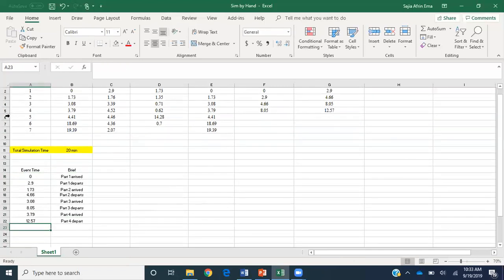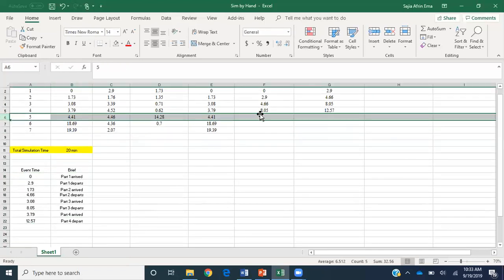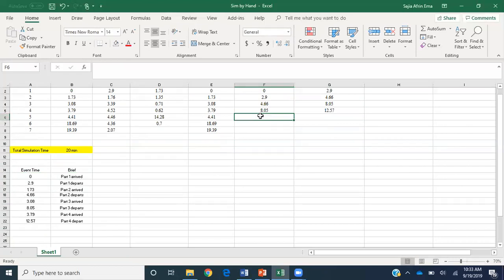Next, part 5 arrives at 4.41 minutes, and then it will join the service at 12.57 minutes, and it will leave the system at 17.03 minutes. So I'll write these numbers. 4.41 minutes. What happened?